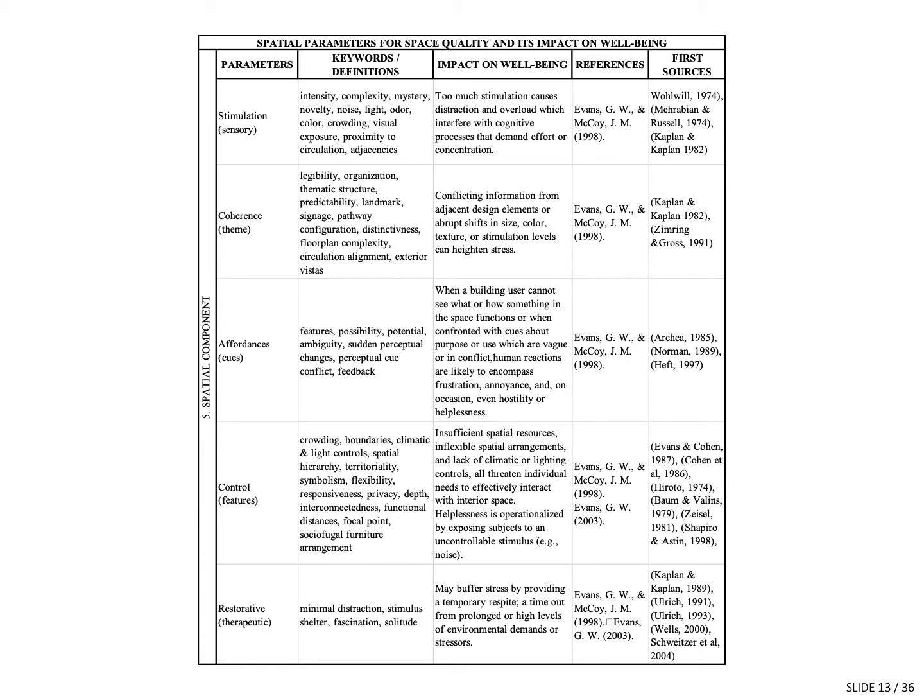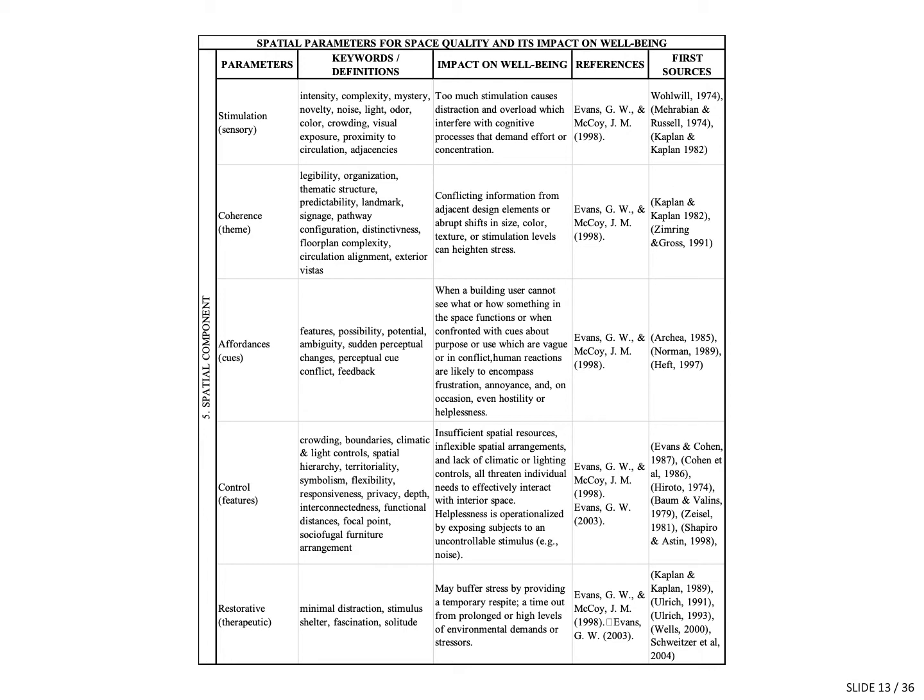So, it should be in a balanced state. Coherence means a theme in a space. Conflicting information from adjacent design elements or abrupt shifts in size, color, or texture can cause a conflicting mental map of a space, which can heighten stress.